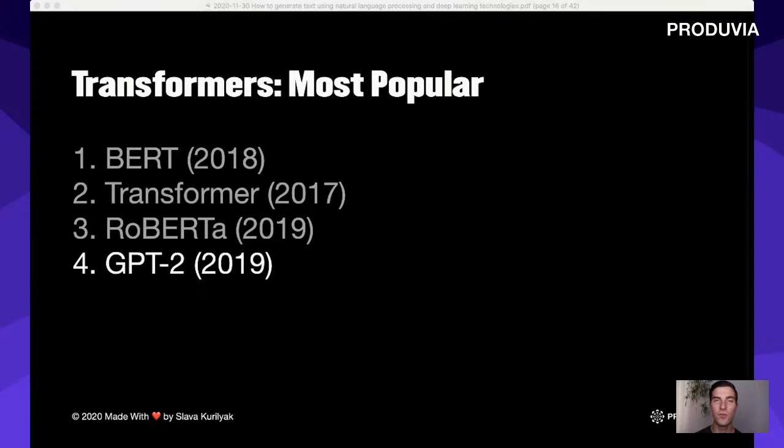So if you cannot tell if a piece of text is written by a person, if that text looks real, then this is the ultimate vision of a transformer model. This is the ultimate vision of any language model. So GPT-2 is a model that was developed by OpenAI, and this is the fourth most popular model adopted by the community.